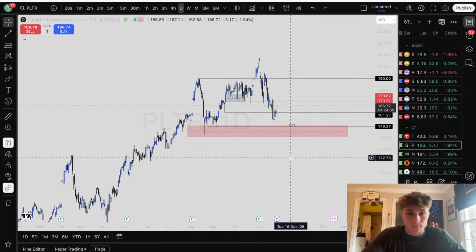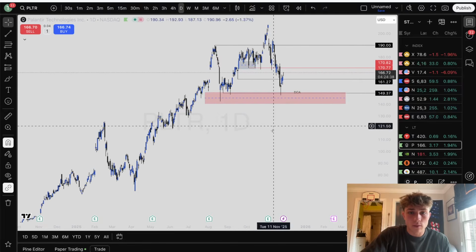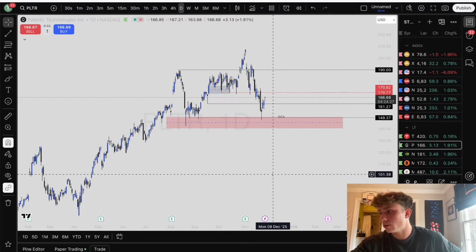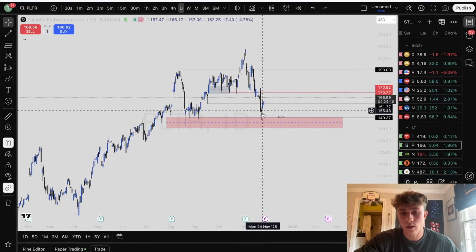I don't think it's a bad buying opportunity for Palantir. But having $7,000 in Palantir already, 7,600, so almost 8K, I'm okay with. I think I'm okay with not dollar cost averaging.